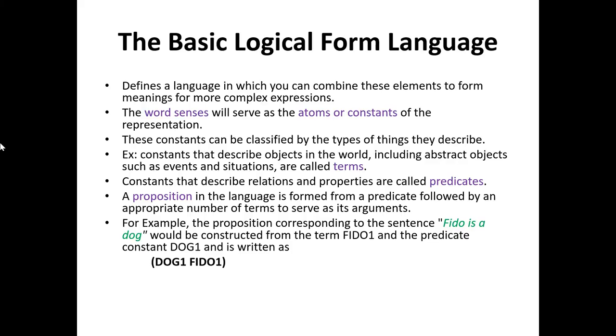Then a proposition in the language is formed from a predicate followed by an appropriate number of terms to serve as its arguments. For example, the sentence Fido is a dog would be constructed from the term Fido1 to represent Fido and a predicate constant dog1, and could be written in logical form as dog1 Fido1. Now what do I mean by this? The dog whose name is Fido1, so we are representing parts of the sentence as terms and predicates.